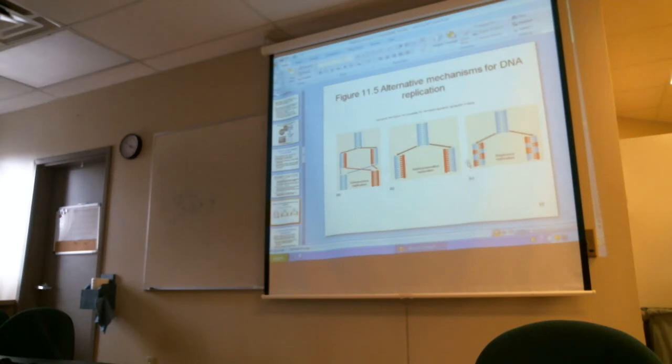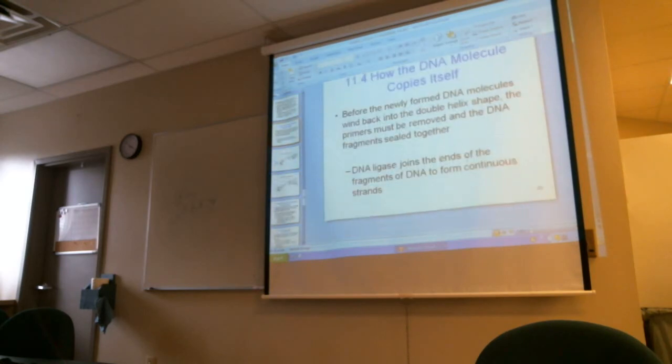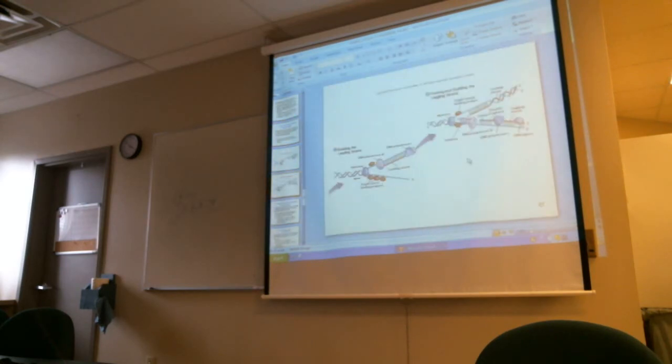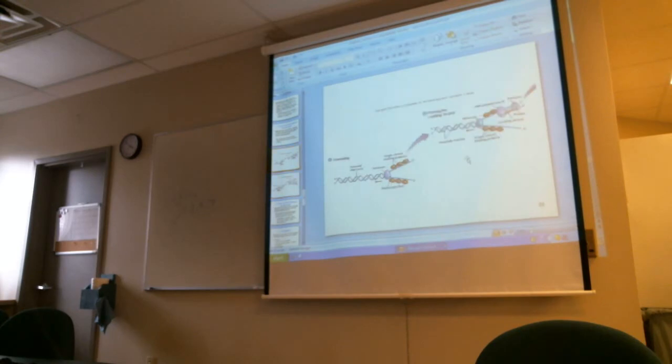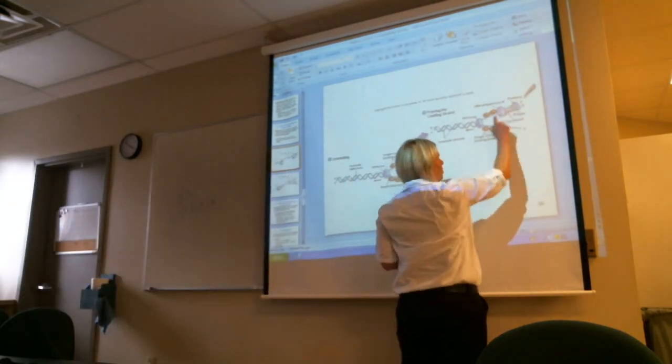That's pictures of conservative and semi-conservative and dispersive replication. Just to make sure that you guys know what that semi-conservative is, because they usually ask that. And this right here is a picture that shows you the leading strand and how you have to have a primer just to get it going.